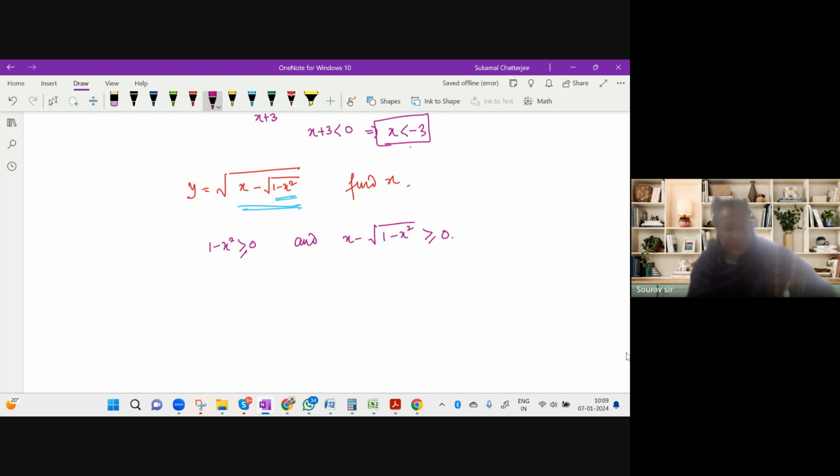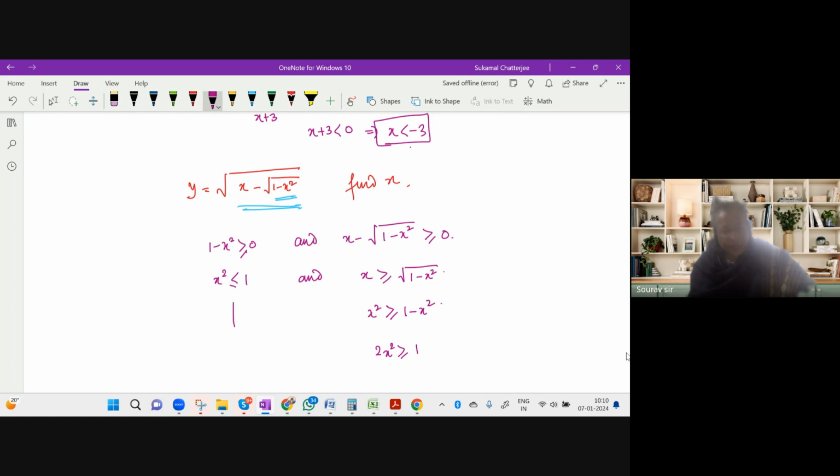From the first inequality, I have x square less than or equal to 1. From the second one, I have x greater than or equal to root over 1 minus x square. That means x square is greater than or equal to 1 minus x square. So from here, I get 2x square greater than or equal to 1.